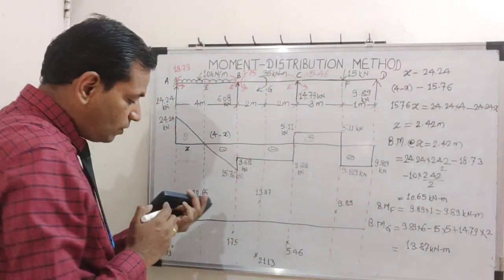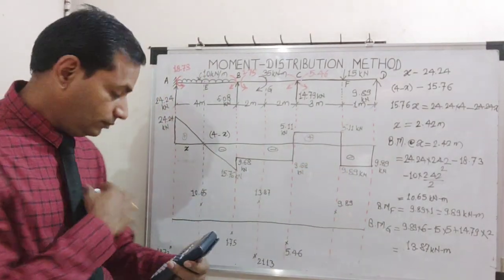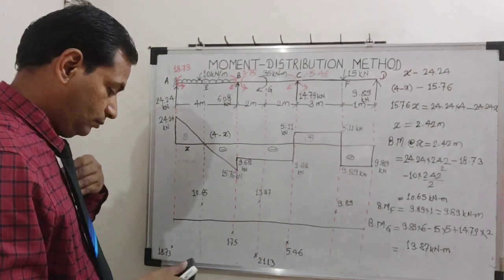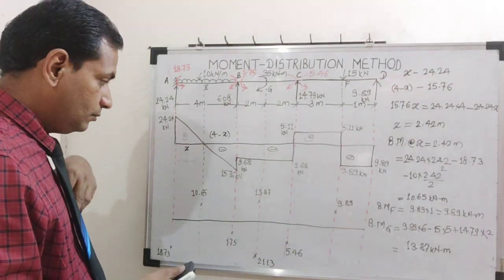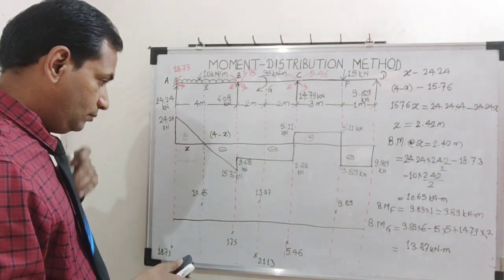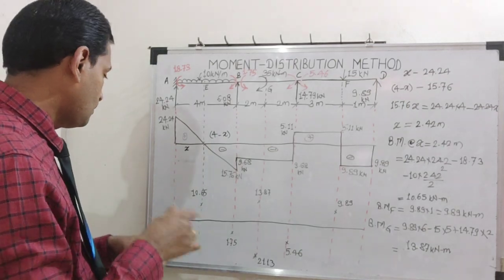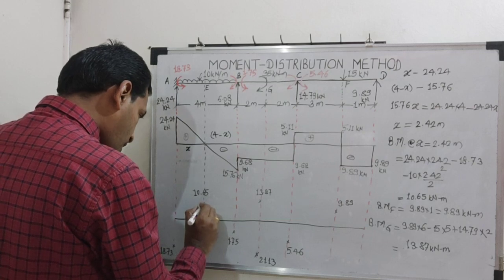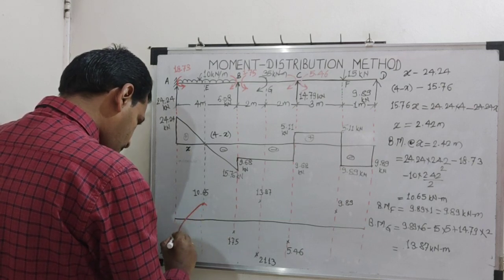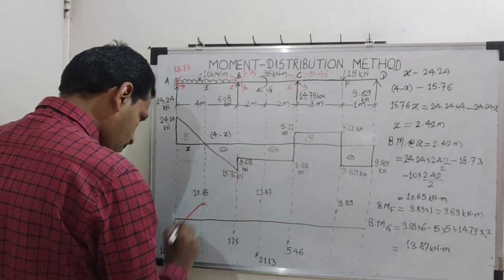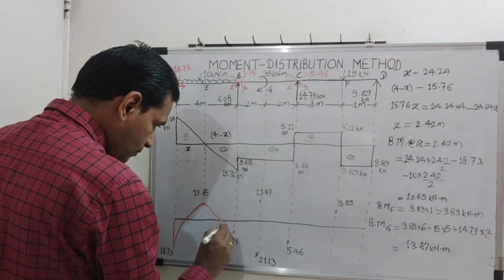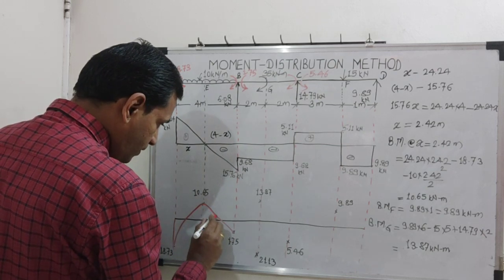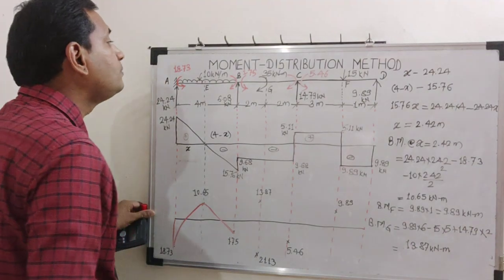Now let us join all the ordinates. A to B is UDL, so the variation is parabolic. The rest all the variation will be linear.